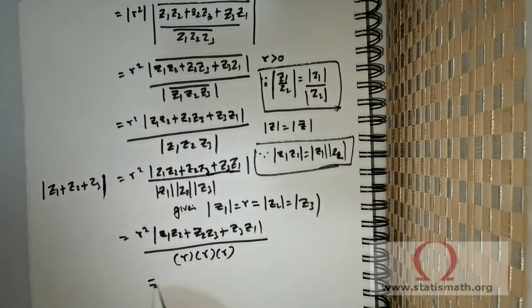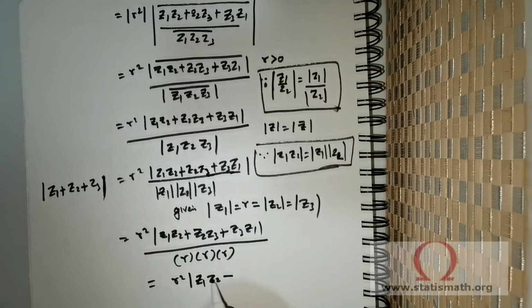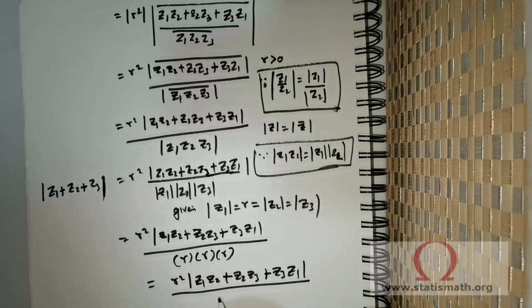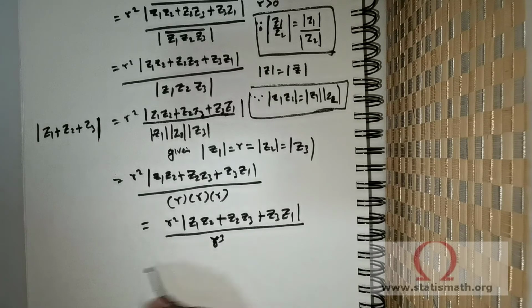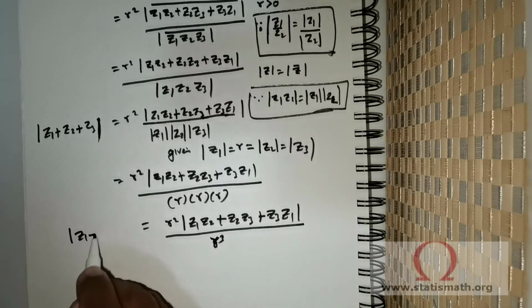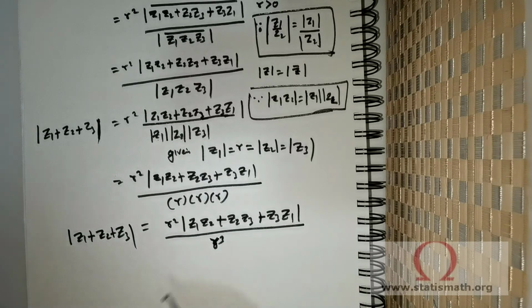So this is equal to r squared times modulus of z1 z2 + z2 z3 + z3 z1 divided by r cubed. Okay, this is r cubed. On the left it's modulus of z1 + z2 + z3.